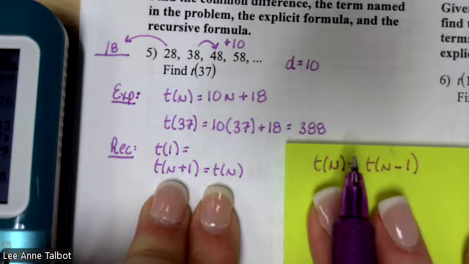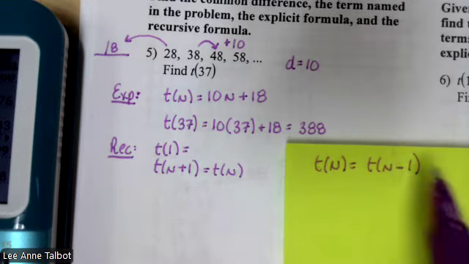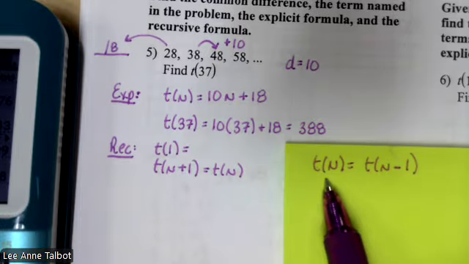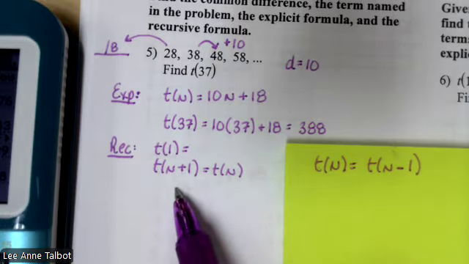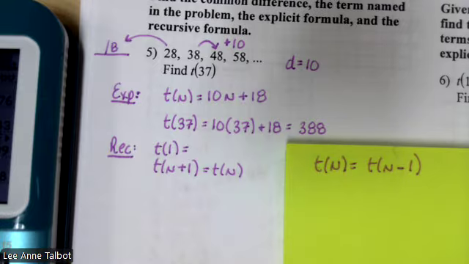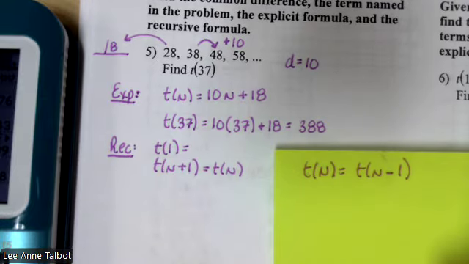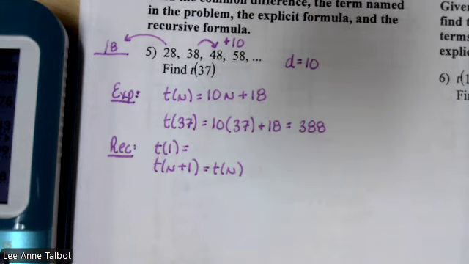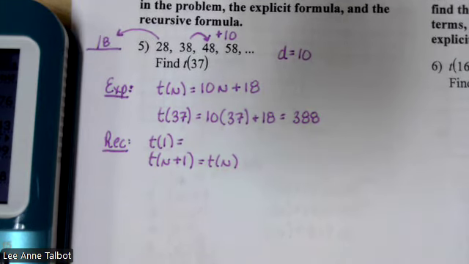These two things are saying the same thing. It's just saying that this one is down one from this. It's just a different way of saying exactly the same thing. But when you're writing your recursive, I always write them the same way. There are infinite ways to write them because sequences are infinite. They go on forever. But I feel it's easiest to just write them the same way every time.